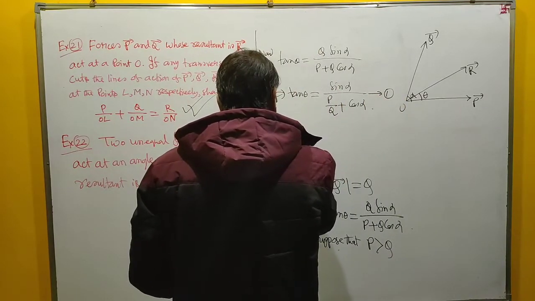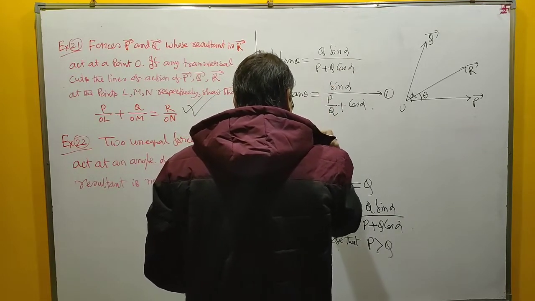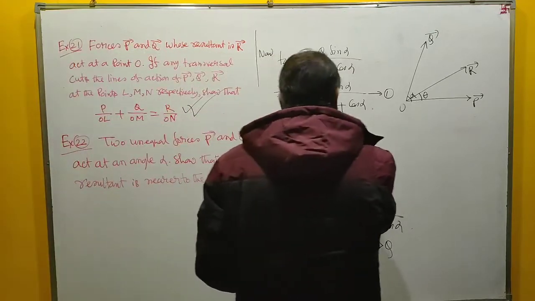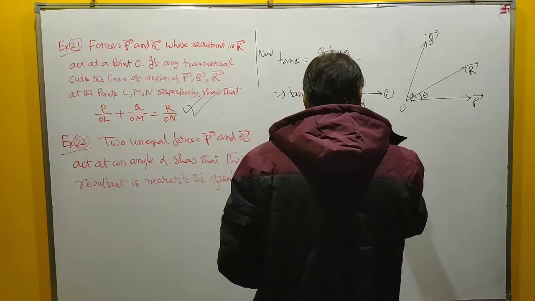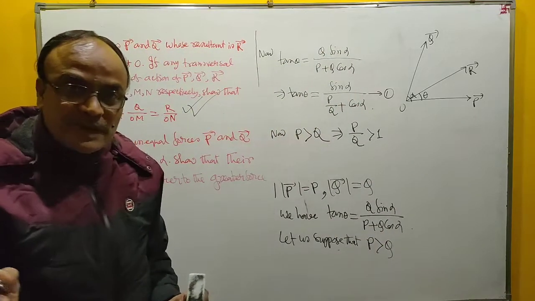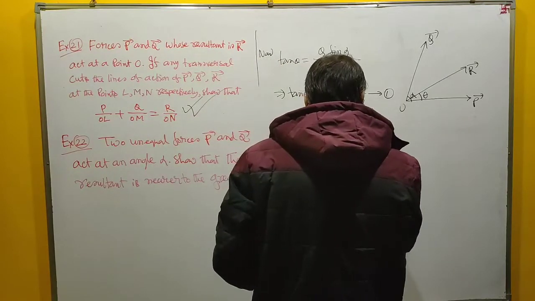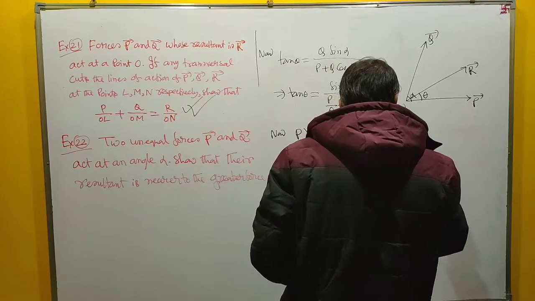Now, P is greater than Q. This means P by Q is greater than 1. This means P by Q plus cos alpha is greater than 1 plus cos alpha.